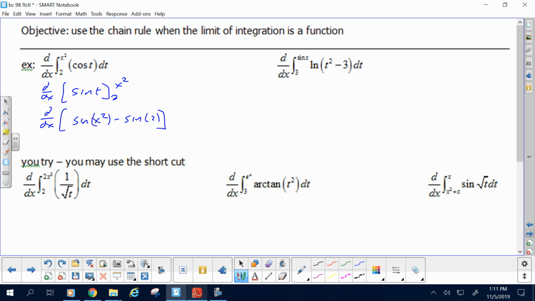So what is the derivative of sine of x squared? 2x cosine of x squared minus 0. All right, so when there's a function in the limit position, we must use the chain rule on that.